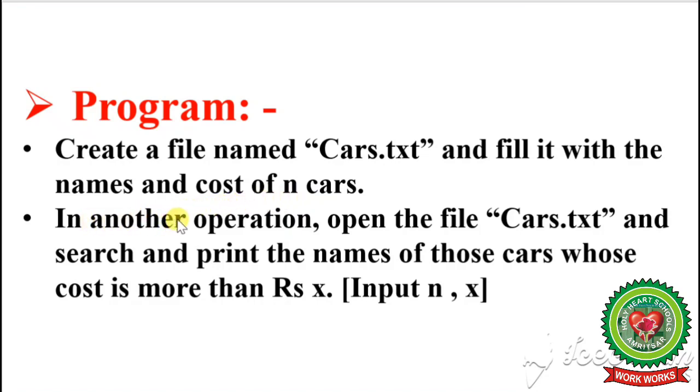In another operation, open the file cars.txt, and search and print the names of those cars whose cost is more than rupees X. This X is also an input from the user. So let us begin with the program in BlueJ.